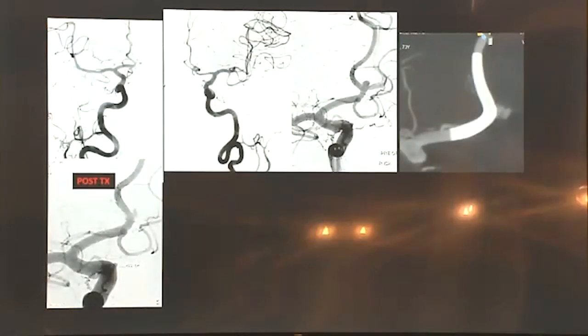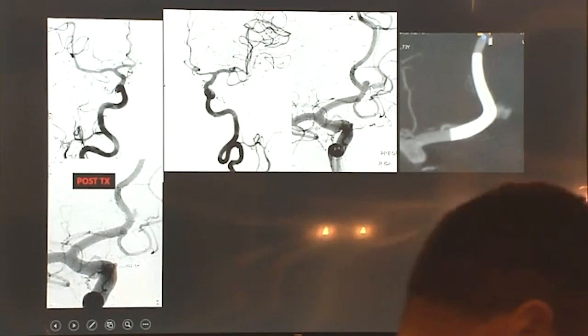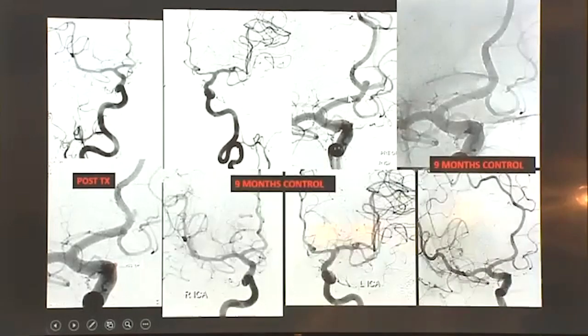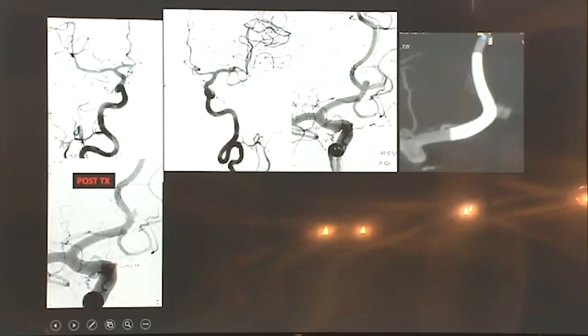The anatomy remodels. As we gained confidence, for example, with this one, we may have treated with other techniques as well, but Vista Baby was available, sorry. So we thought it's a good option for this patient with all those tortuosities.